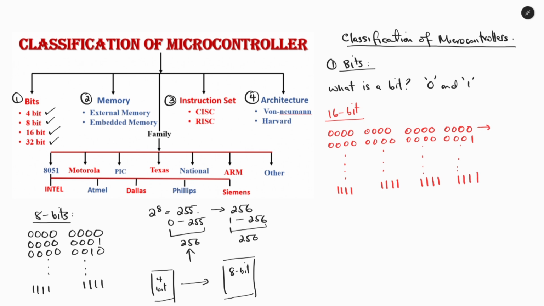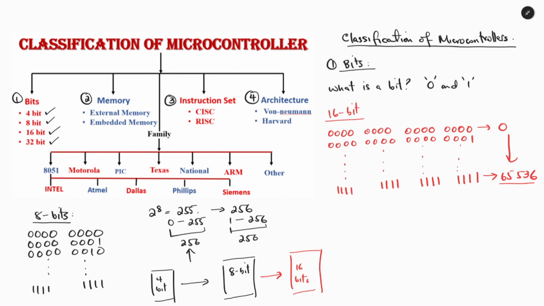So the decimal range can be from 0 all the way to 65,536. So we can see the decimal range. It can now process more and more data. And in this example, we now have a microcontroller that can process 16 bits at a time. That means more and more information can be processed in this microcontroller.